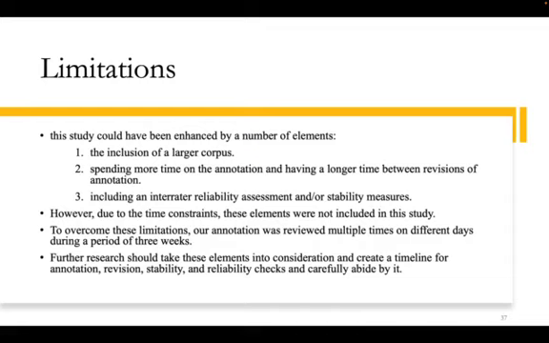However, due to time constraints, these elements were not included, but our annotation was reviewed multiple times on different days during a period of 3 weeks, and we hope that we have reached the most objective analysis possible. However, future research should take these into consideration and create a timeline for their annotation.